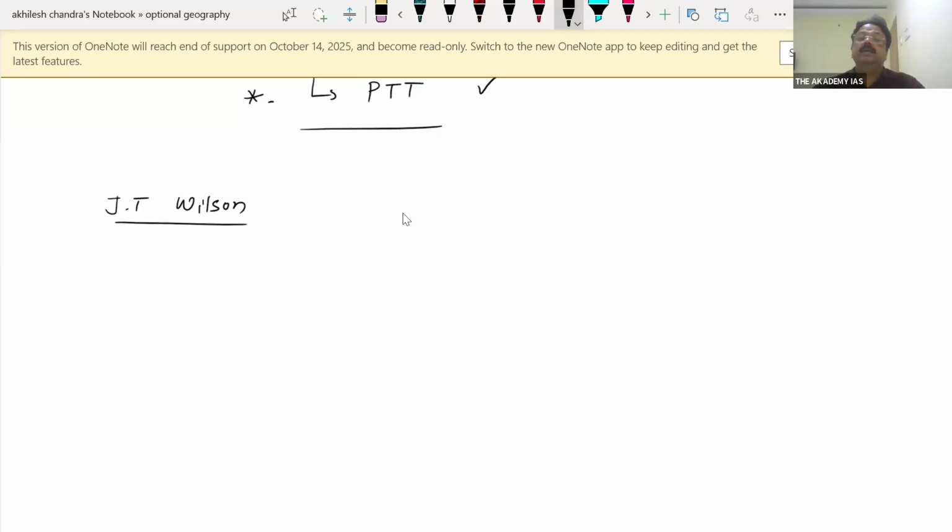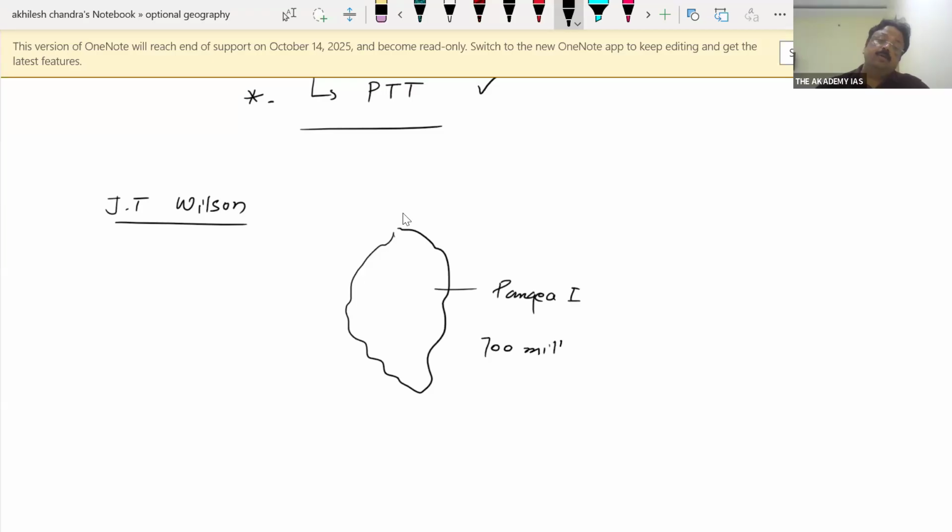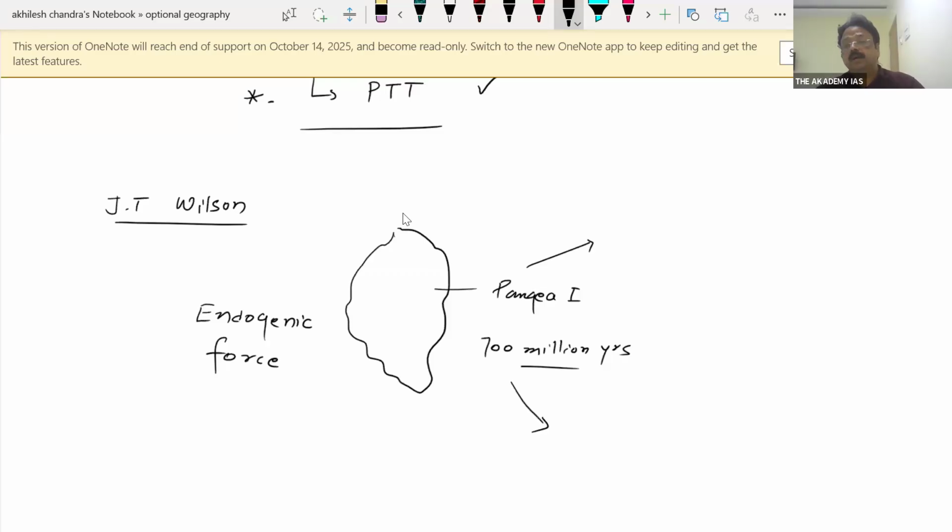This Wilson cycle is talking about the fact that there was a Pangea 1, somewhere 700 million years ago, and it was surrounded by Panthalassa. And due to endogenic force, this Pangea 1 was broken into different land masses and they drifted apart.